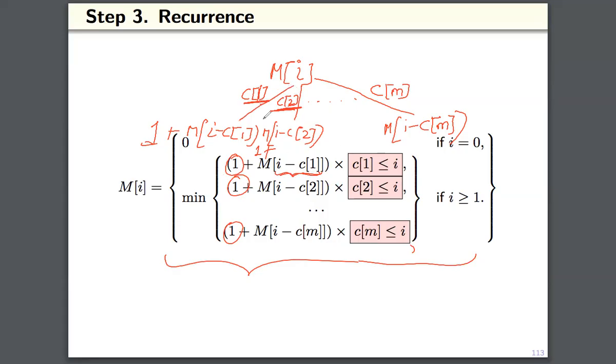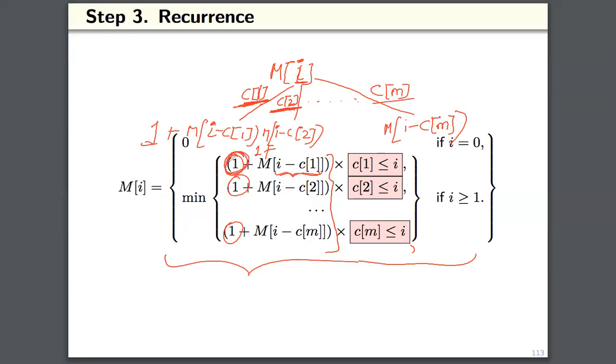And you understand how the recursion happens, right? If you have I amount, you should have used either C of 1 or C of 2 or C of 3 or C of M, one of these. Once you use that coin, the amount you have to make will reduce. So if you use C of J, the amount you need to make now is I minus C of J, for all possibilities, M possibilities.